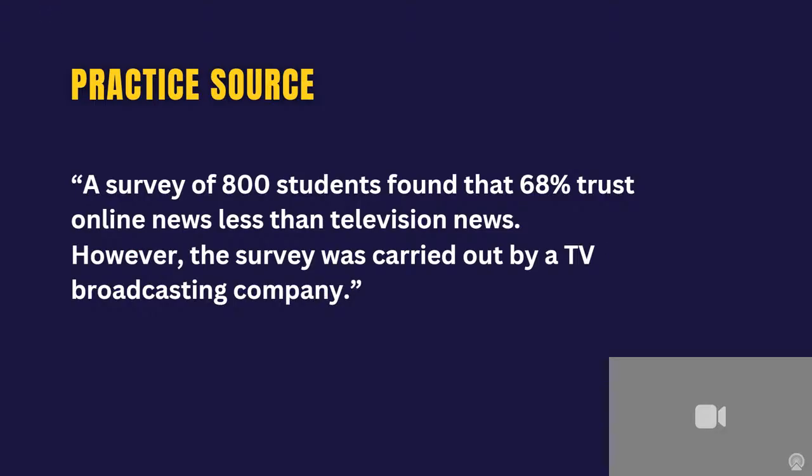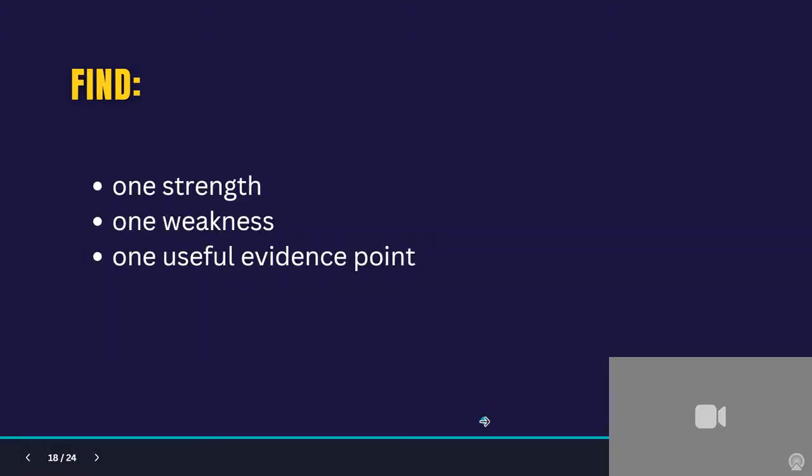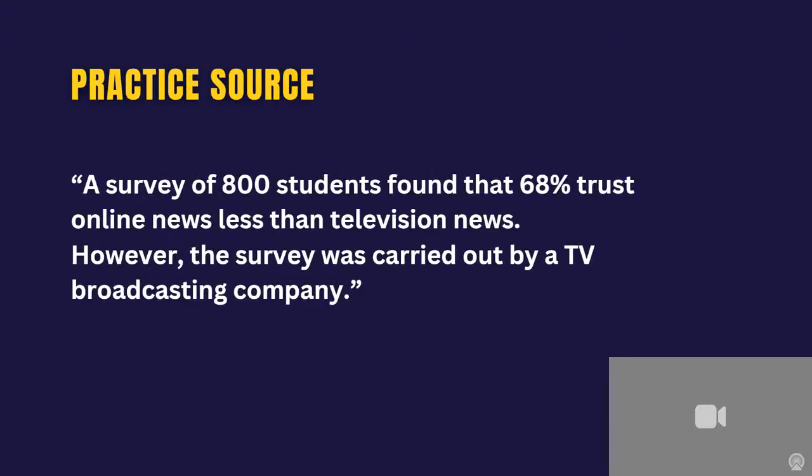Now, quickly use the strategy taught. What you have to do is find one strength, one weakness, and one useful evidence point. Please make a note of it. I'll give you exactly 1 minute to do that in the chat. One strength, one weakness, and one useful evidence point. Quickly for this one.